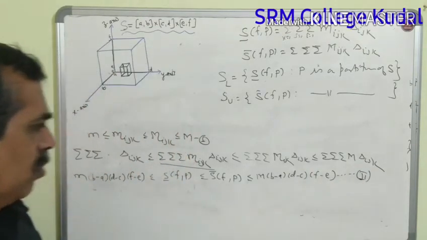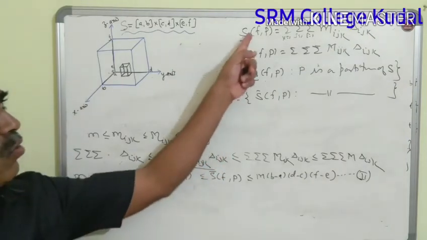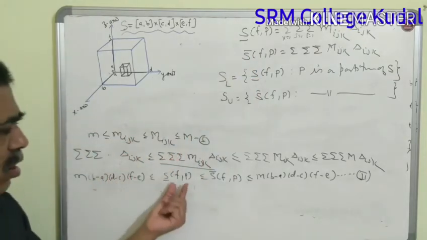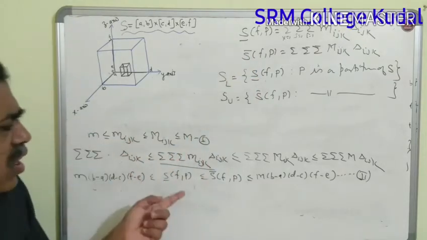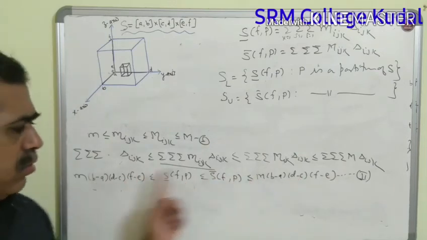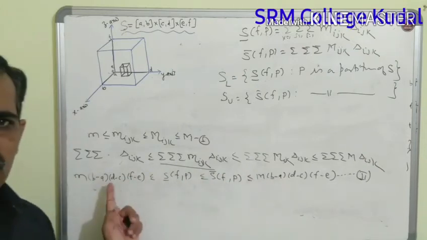Now, what does this show? This is any lower sum, this is any upper sum corresponding to a partition P. So a lower sum corresponding to any partition P lies between these two numbers, definite numbers. Similarly, the upper sum also lies between these two definite numbers.